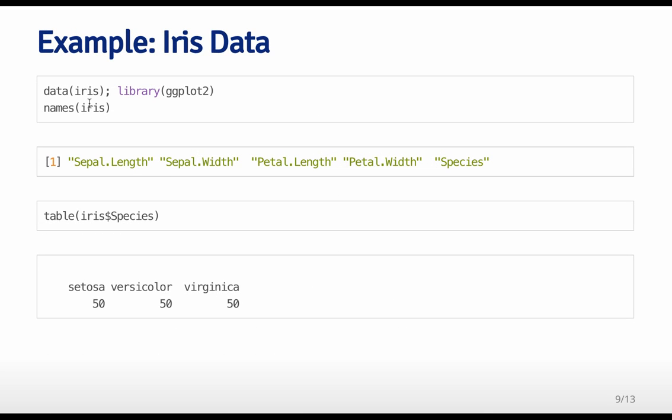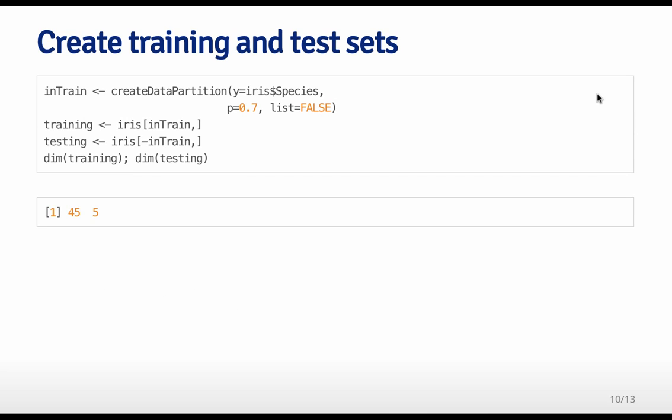So just to show you briefly how these two work, I'm going to show you on the iris data again, and I'm going to load the ggplot2 library. I've got these variables that I'm using to predict, and I again have these 3 different species that I'm trying to predict. I can fit them on a training set and apply them to a test set, just like I do with all of our other prediction algorithms. So I again use createDataPartition to create a training set and a test set.